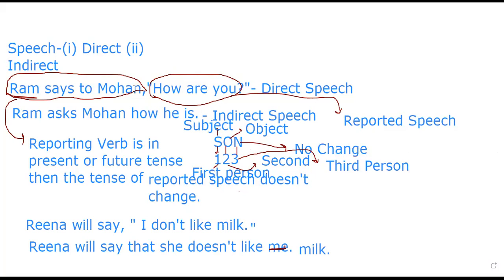Let us understand from these two examples. Ram says to Mohan, how are you? Now you is second person, so it will change according to object. In Ram says to Mohan, Mohan is the object. So you had changed according to Mohan, and because Mohan is a male figure, we have used he.